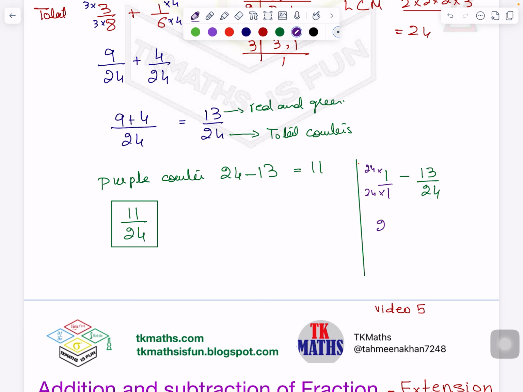So 24 times 1 is 24. And since the denominator is the same, I can subtract the numerators. And did I get the same answer? Yes, 11 over 24. So you see, if you are doing it by this method, please do not stop here. That is telling you how many counters there are, but the question is asking about the fraction.